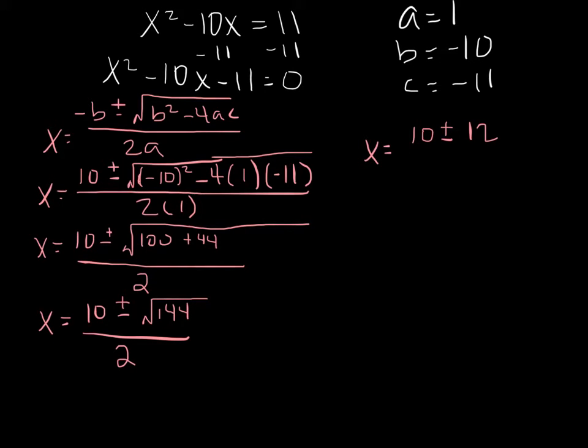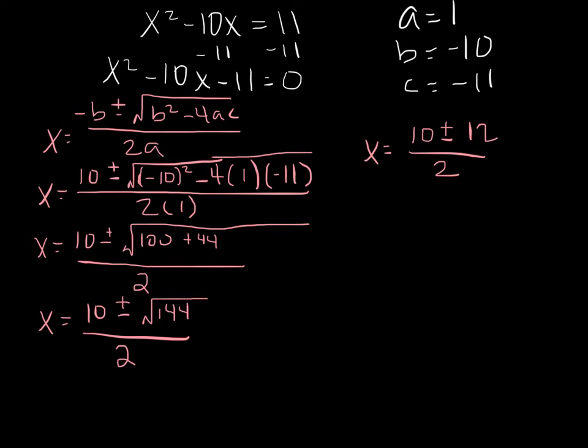All over 2. Okay, so by this point you're probably asking yourself, what the heck is up with this plus or minus deal? I don't understand what that means. If you remember from our previous video, we could potentially have two solutions because the parabola is going through the x-axis in two spots. So that's where the plus or minus comes in.